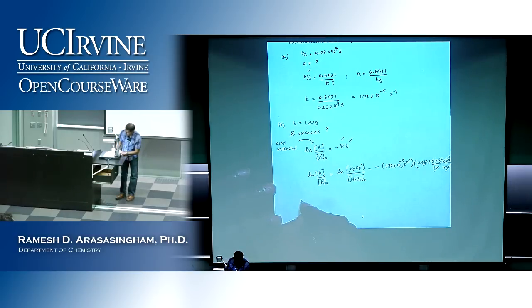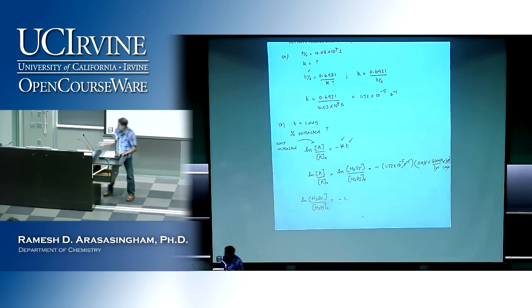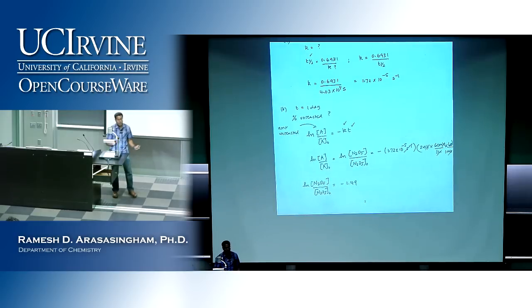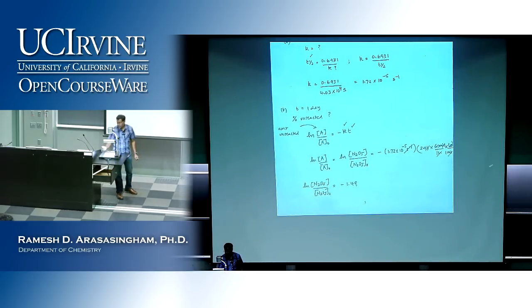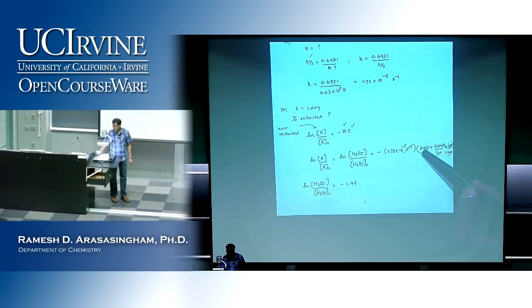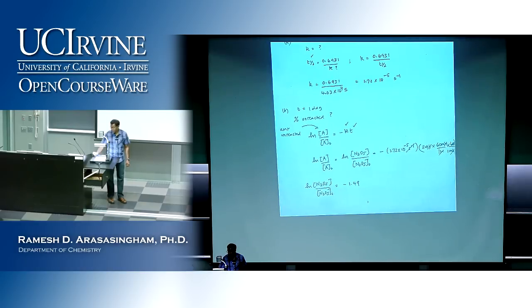And so I know that ln [N2O5] over the original concentration of N2O5 equals, if you figure that term out, 1.49. Okay? 3 sig figs, because 24 hours is an exact number, 60 minutes is an exact number, 60 seconds is an exact number, so we end up with a number that is 3 significant figures.